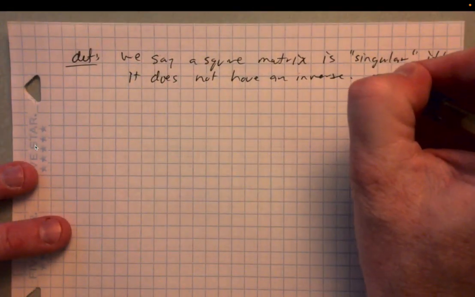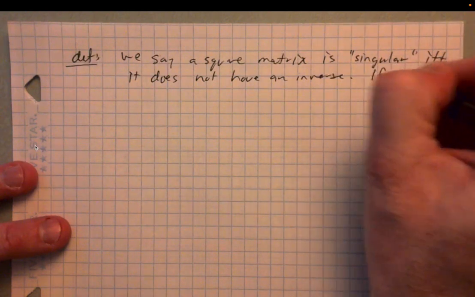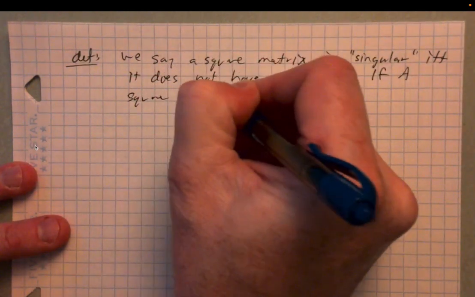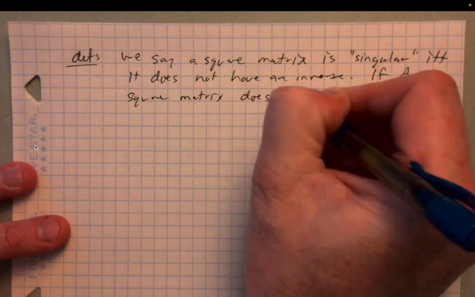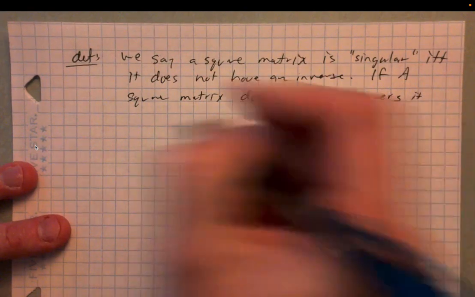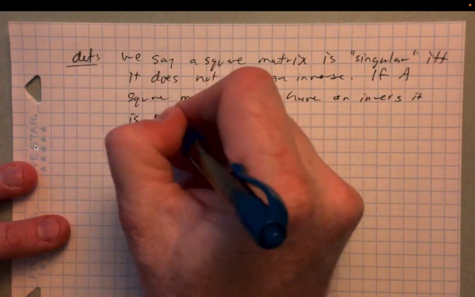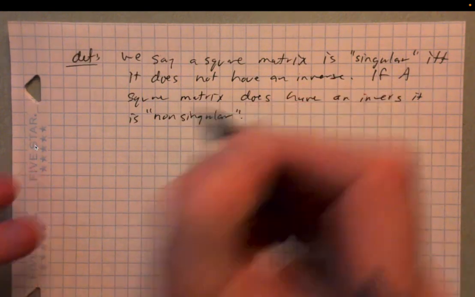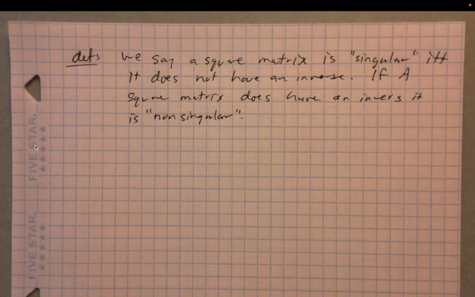And then, obviously, if a square matrix does have an inverse, it is called non-singular.